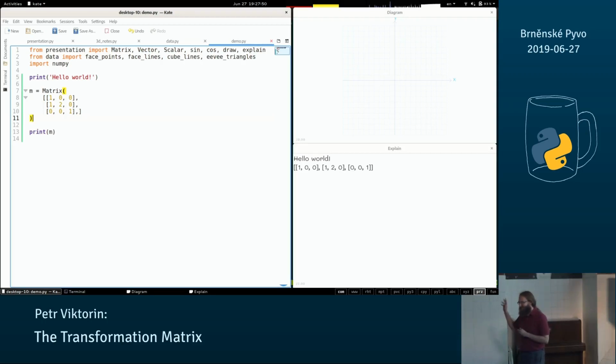Who of you knows what a vector is? What's a vector? For example, one row or one column of the matrix. Yes. It's a bunch of numbers, right?